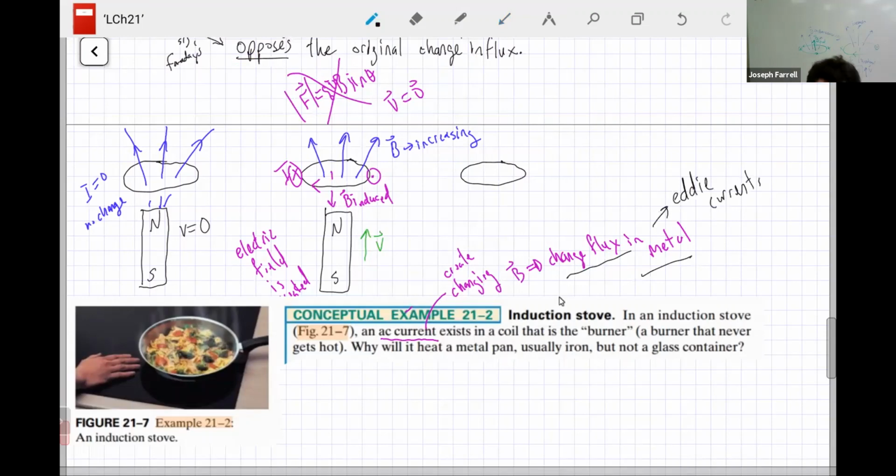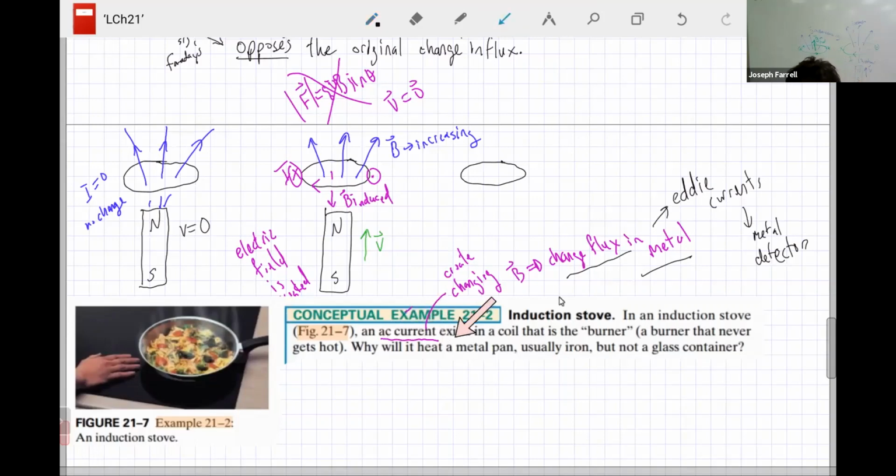You've just got these complex currents swooping around inside the metals. And this is actually used in metal detectors. That's how they function. You're generating eddy currents in a piece of metal, and then the eddy currents themselves create magnetic fields, and those can be detected.